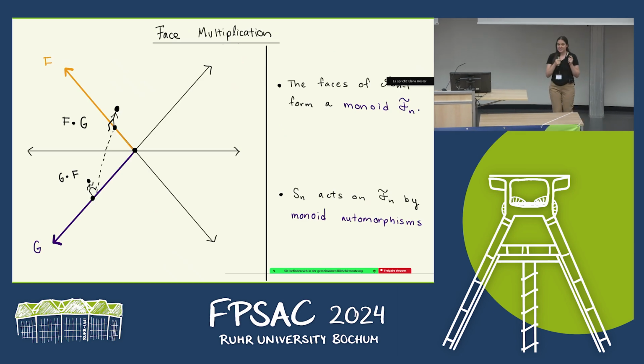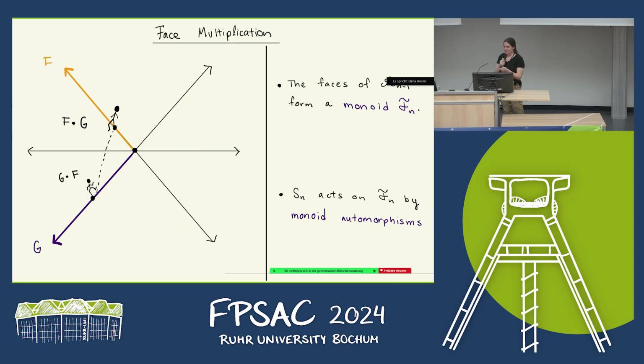Okay, so the faces are more than just a subdivision. Surprisingly, they carry an associative multiplication operator. And I think this is best described through example. So let F be this yellow ray here, and G be this purple ray.